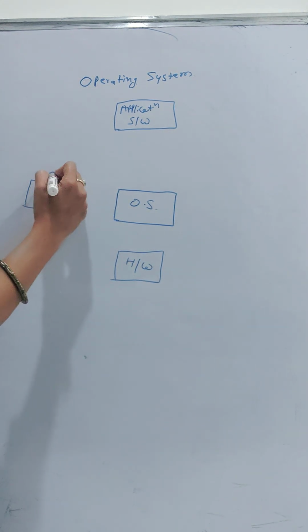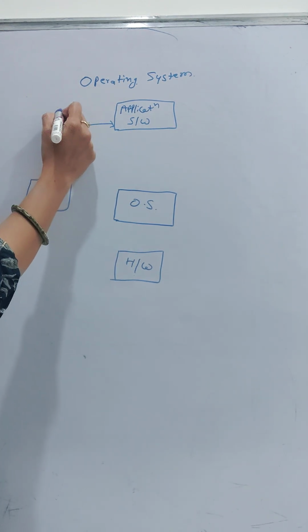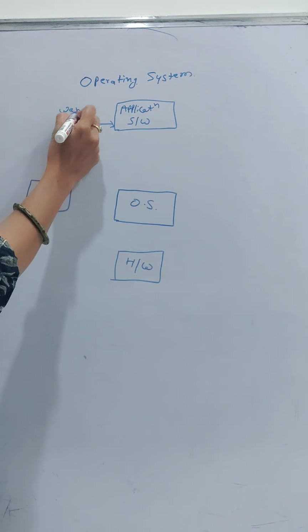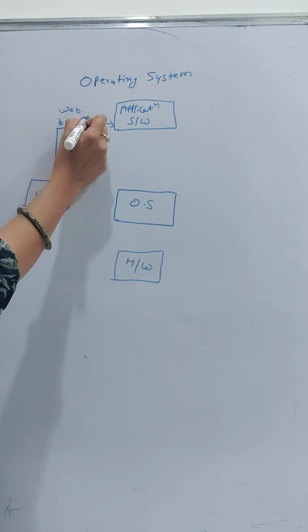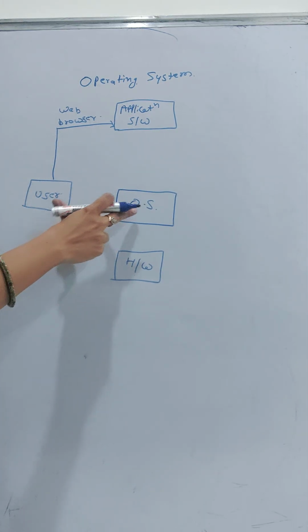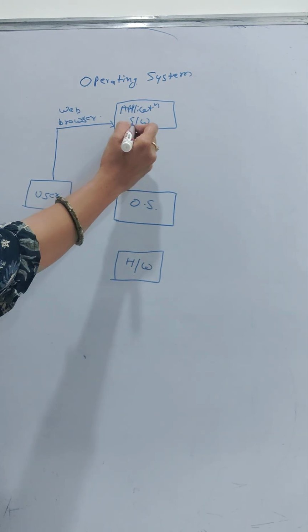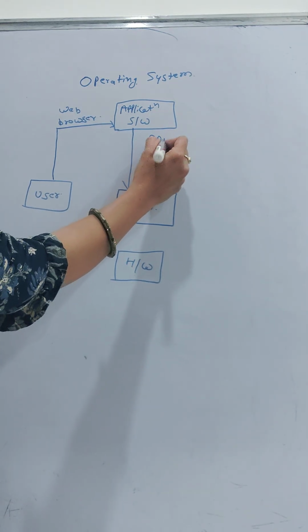Okay, so now here first user will open any application software, suppose web browser. Here application software will request operating system for hardware resources.